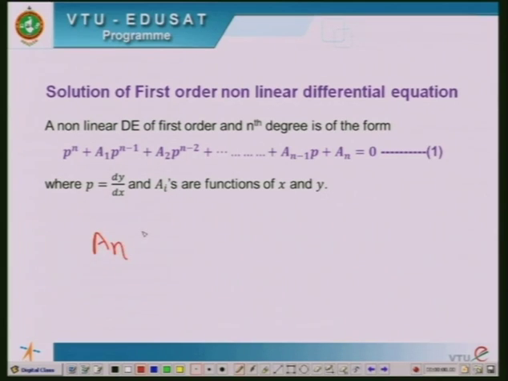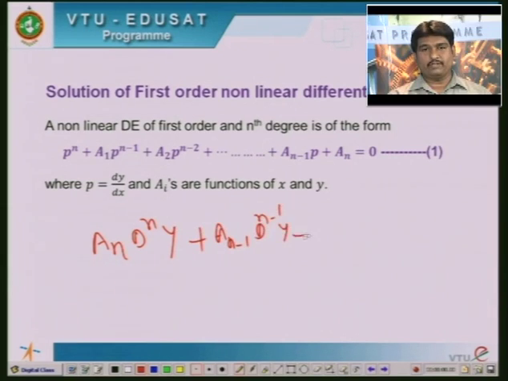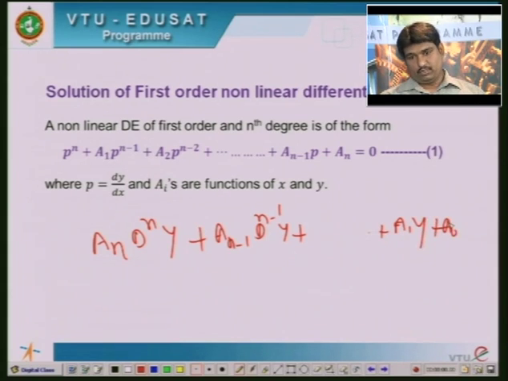some an into the nth derivative plus an minus 1 into the n minus 1th derivative, and so on, plus some a1 into y plus a naught equals phi of x, whatever it may be.